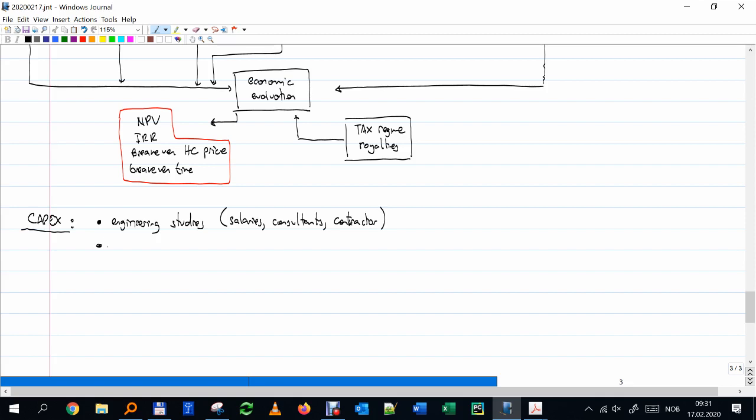Then next, which is a big part, is the topside, the processing facilities. And what do we have here in processing facilities? We have basically everything we need to treat the reservoir fluids and to be able to sell them in the market, which are separators, pumps, compressors, heat exchangers.